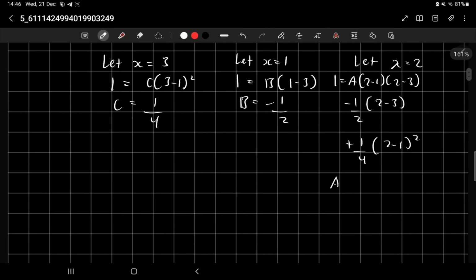And then at the end, our value of a, we should get (2 minus 3), (2 minus 3), (2 minus 1). Yeah, I should get negative 1 over 4.